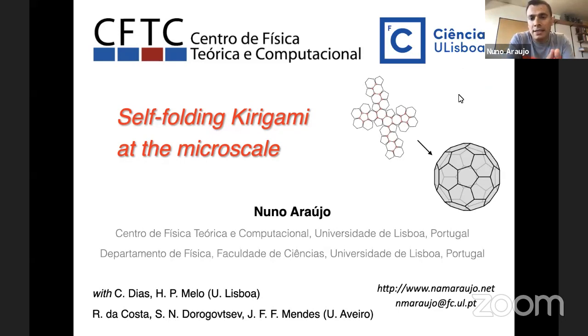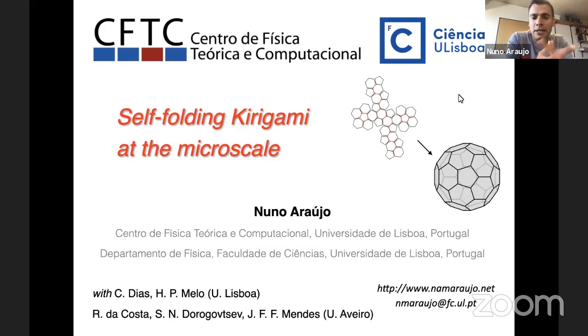The price is that due to thermal fluctuations, the trajectories of the different panels are stochastic in nature. So in many cases, instead of obtaining the targeted structure, what we get is some misfolded structure that is different from the target one. There are many open questions from the theoretical point of view about self-folding Kirigami, but today I will be discussing two of them that are related to optimization.